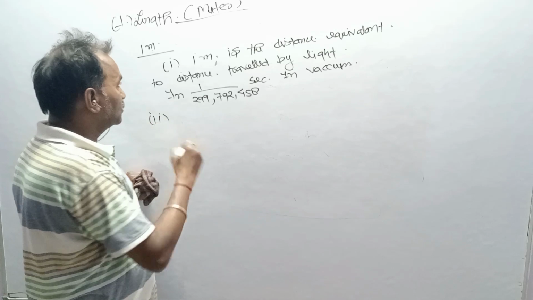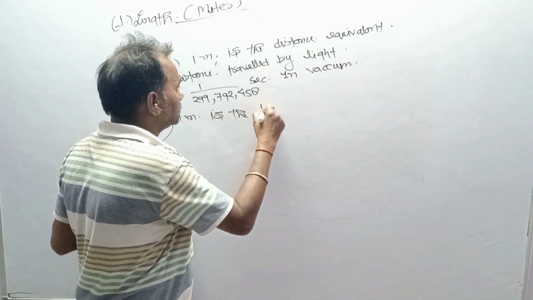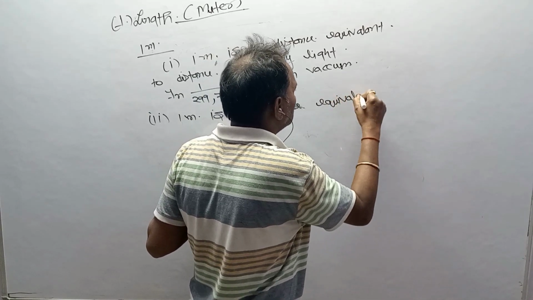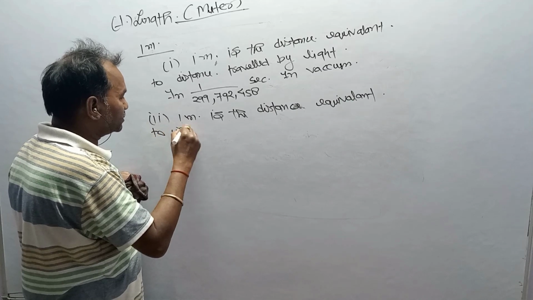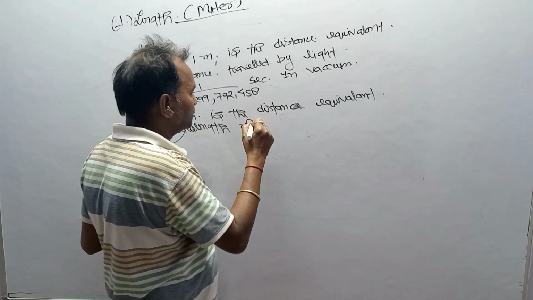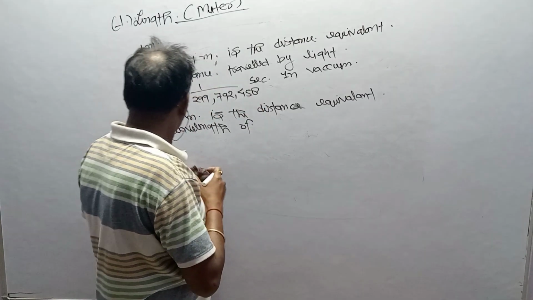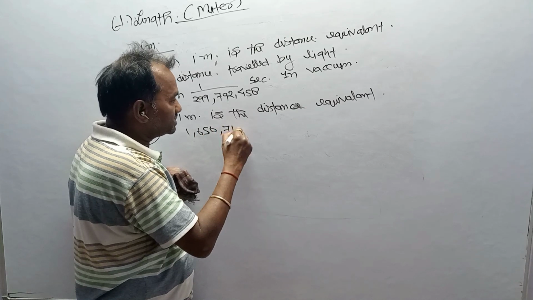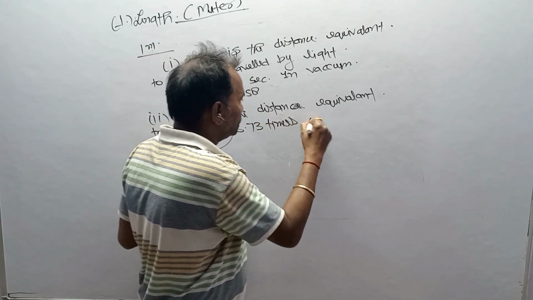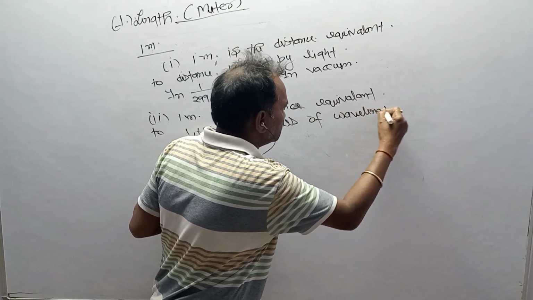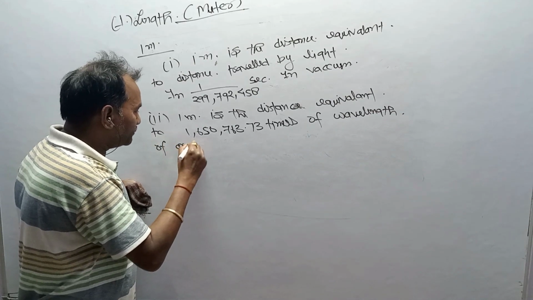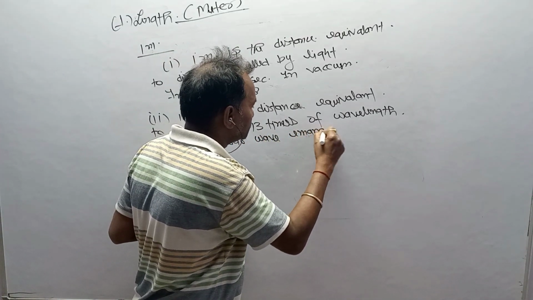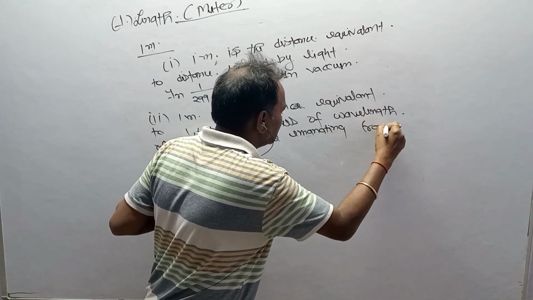Second definition: 1 meter is the distance equivalent to 1,650,763.73 times the wavelength of orange color wave emanating from krypton 86.